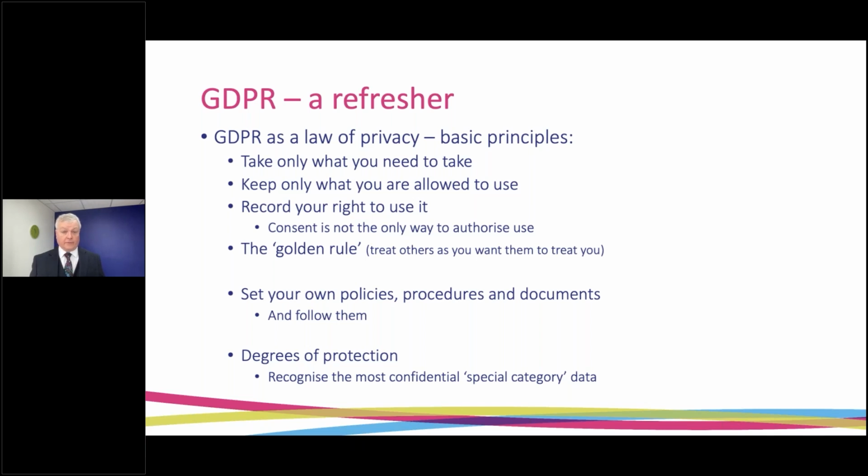Before, you had to have the right to use information about somebody. Under GDPR, you not only have to have the right to use information about people, but you also need to have a written record of what your legal basis is for using that information. Consent in some ways is the most clear-cut way of being allowed to use information about somebody, but it's not the only way, and I'll talk about those a bit later on.